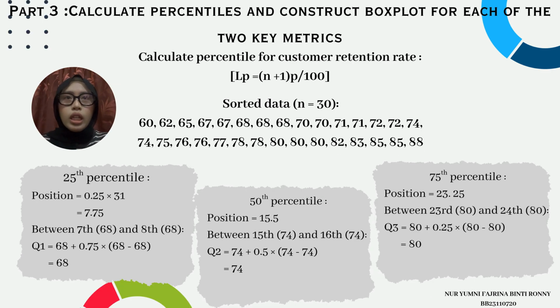So next, we calculate percentile for customer retention. The formula is the same as for the customer satisfaction rate. We also sorted the retention data in ascending order. First, for the 25th percentile, the position is 7.75, between the 7th (68) and 8th (68) values, which equals Q1, which is 68.